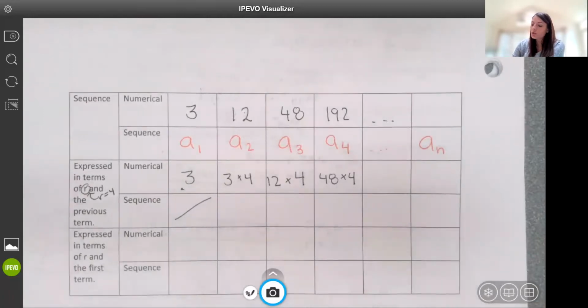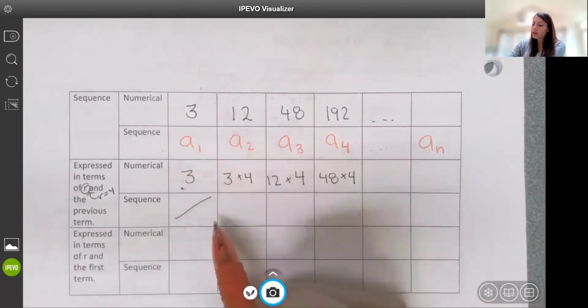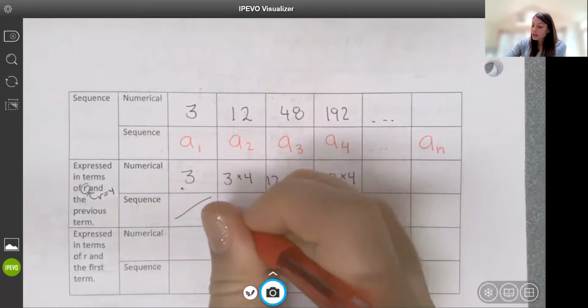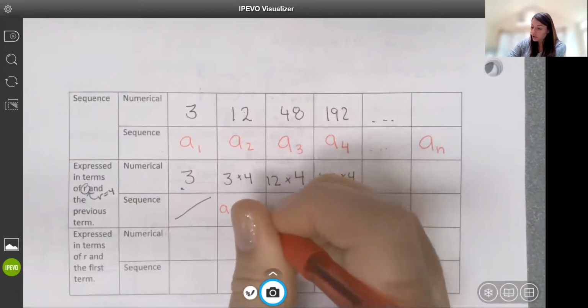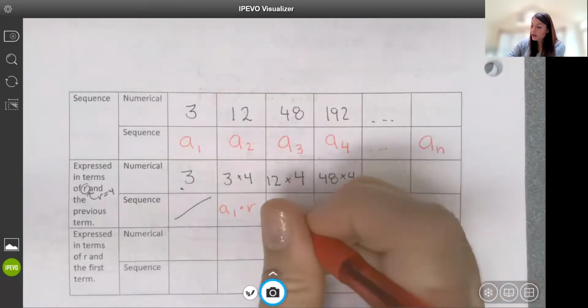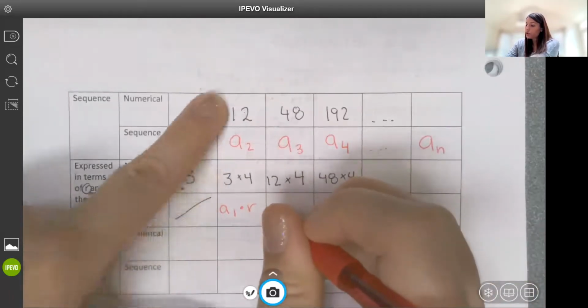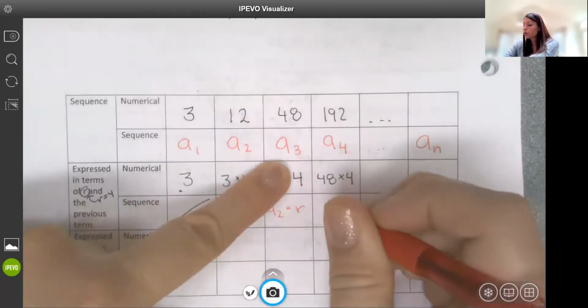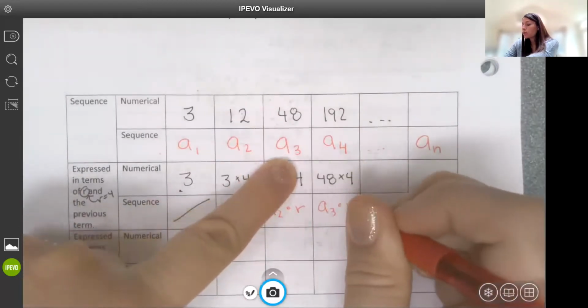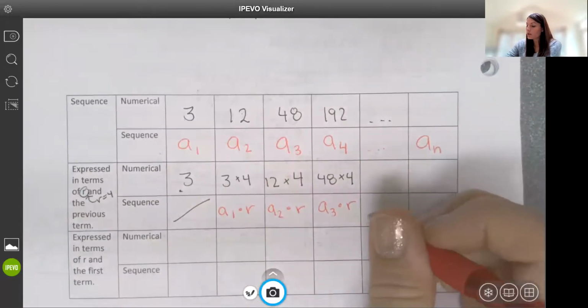If I were to use the notation here to write that, then I would say that I have a sub 1 times my ratio. And then I have, this is my second term here, times my ratio. 48 is my third term, and 4 is my ratio, okay, and so on.